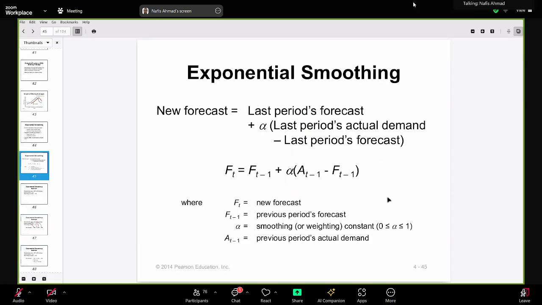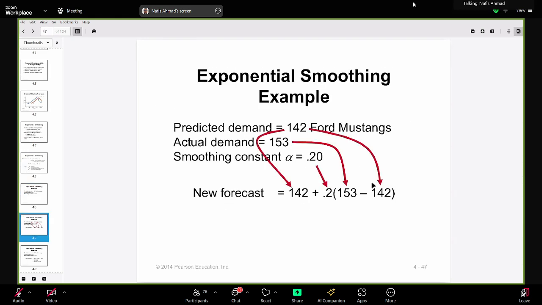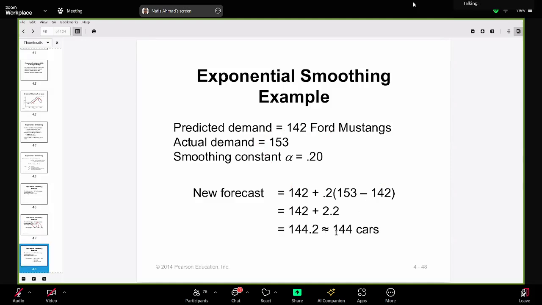So the equation we used is Ft is equal to Ft minus 1 plus alpha into (At minus 1 minus Ft minus 1). So you see the previous forecast 142 and the result is 144.